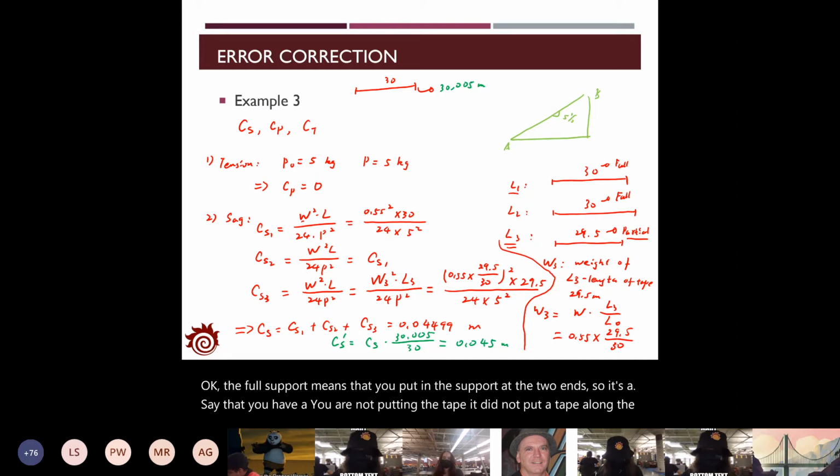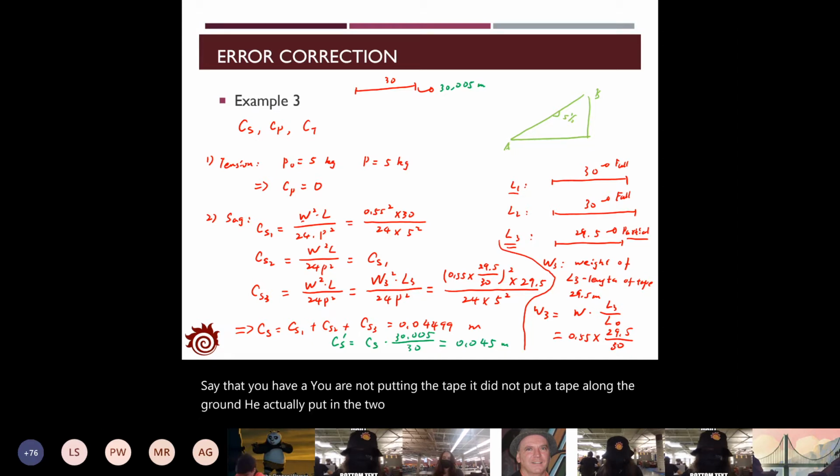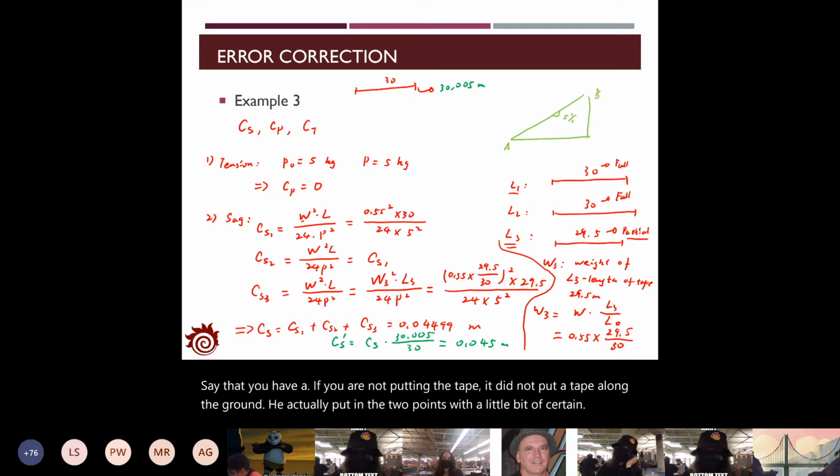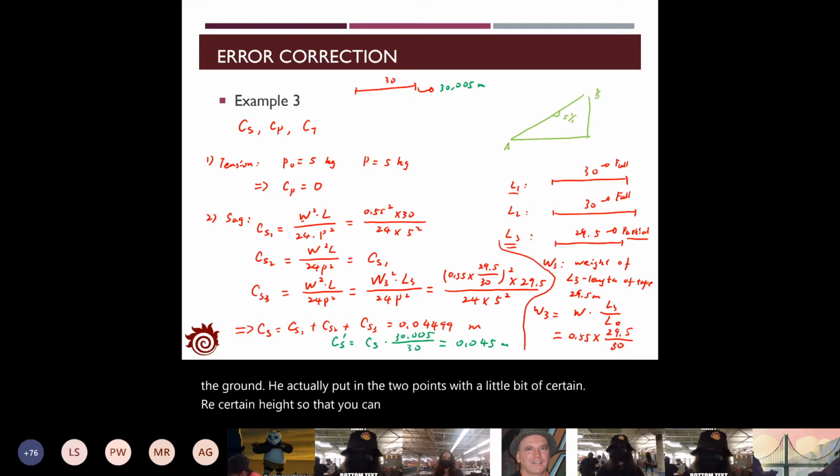You put in the 2 points with certain height, so that you can measure the tension for the tape with the force that you applied for that measurement. So that's the definition of full support.